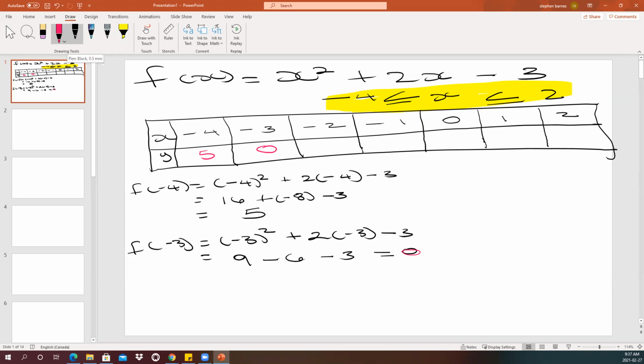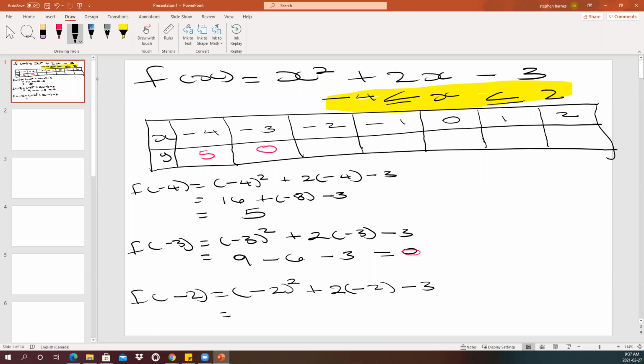So let's go on to the next one. f of negative 2 is equal to negative 2 squared plus 2 times negative 2 minus 3.